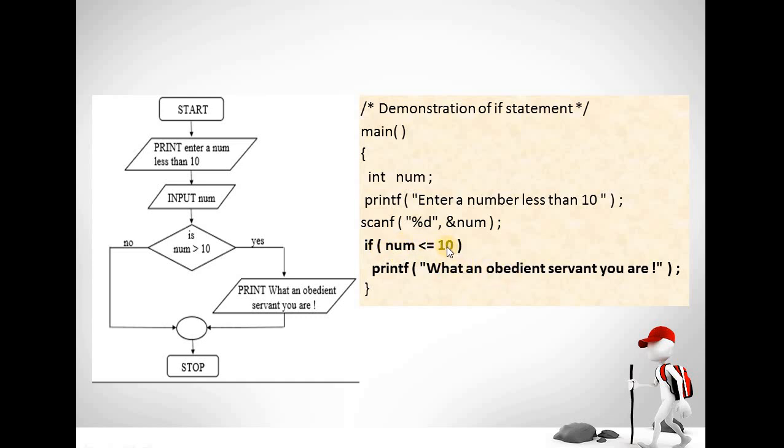Suppose the user has entered the value 15, then is 15 less than or equal to 10? Is it true? No, it is wrong. That's why this will not print. This printf statement will just be skipped by the compiler and the function will be closed.